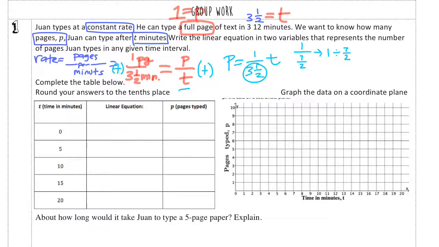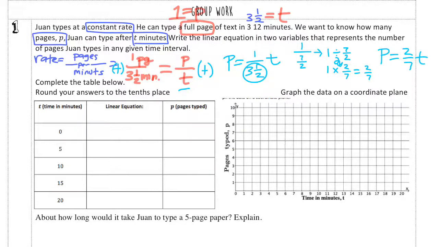We should know that when we are dividing by a fraction, we change the symbol and we flip and multiply. So this means I'm actually multiplying by 2/7. That's how you divide by a fraction. In this case, this actually equals 2/7. So instead of writing P equals 1 over 3.5 T, I'm going to write P equals 2/7 times T.